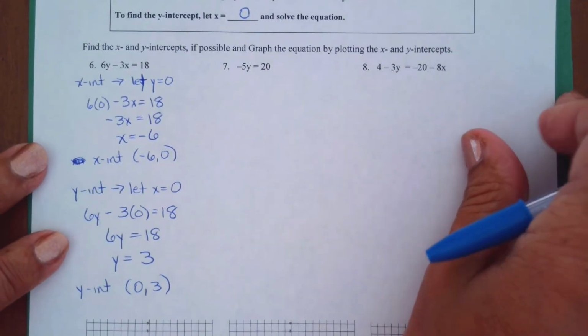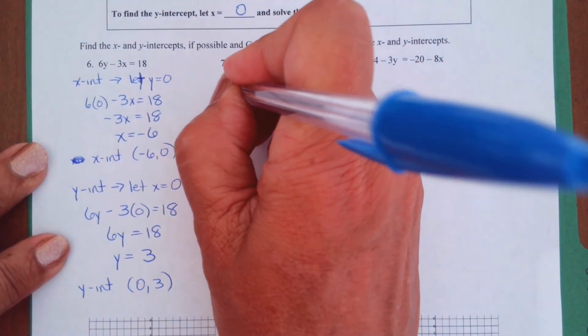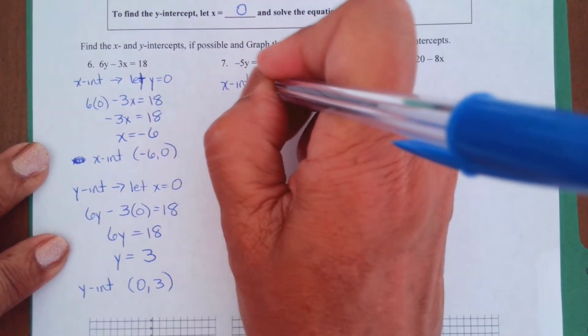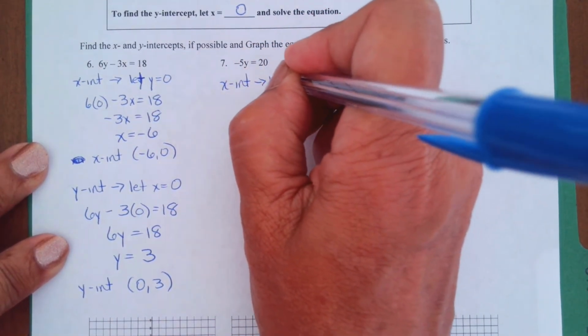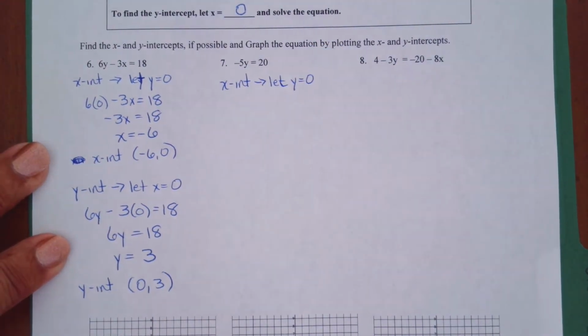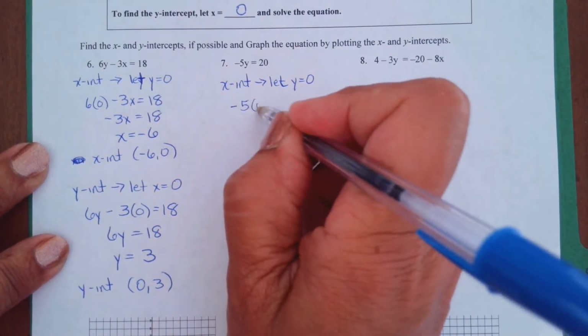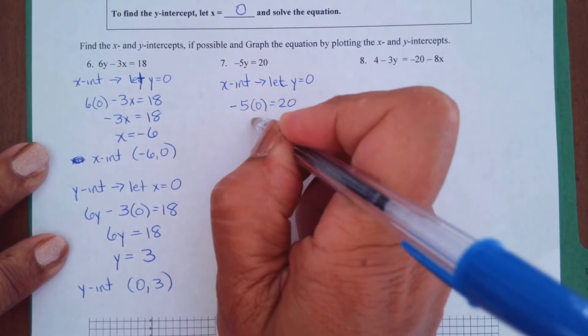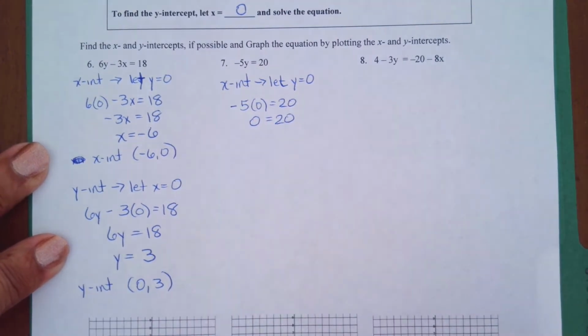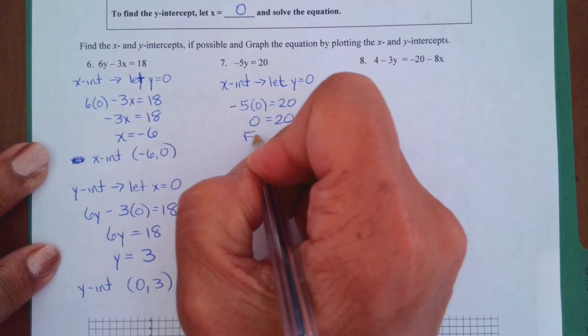Number 7. Let's do the x-intercept. Remember, we're going to let y equal 0 for the x-intercept. If we let y be 0, we get -5 times 0 equals 20. We end up with 0 equals 20. There's no x in this problem, so that's not a true statement, that's false.